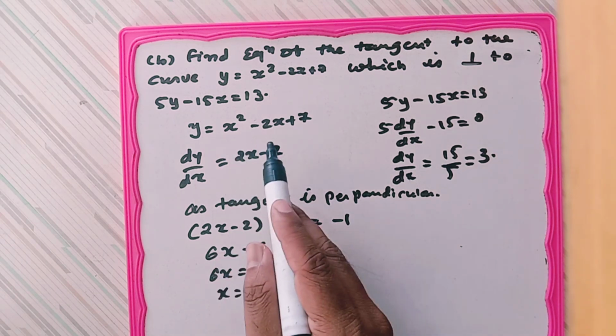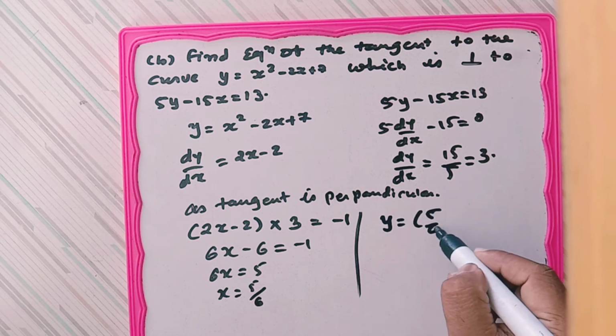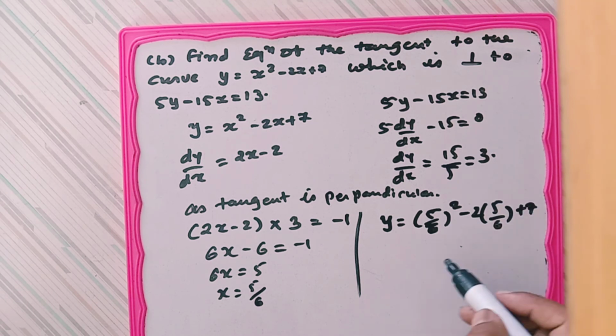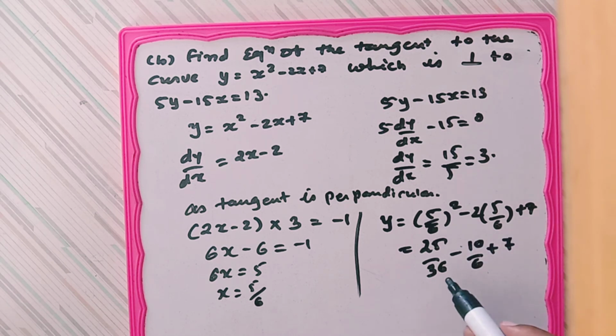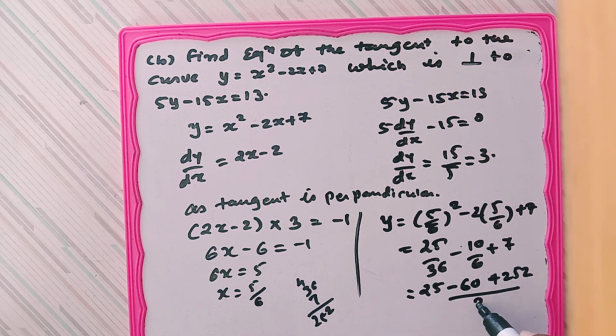Now x equals 5 by 6, we substitute here. Then y equals (5 by 6) square minus 2 into 5 by 6 plus 7. So 25 by 36 minus 10 by 6 plus 7. 36 is the LCM we take. So 25 minus 60 plus 7 into 36, which is 252, by 36.